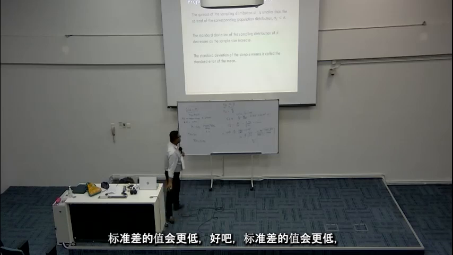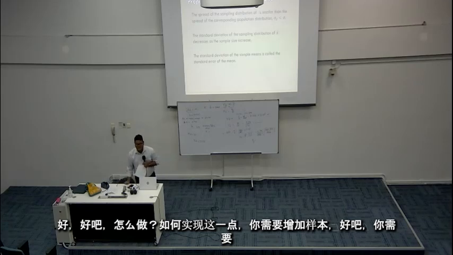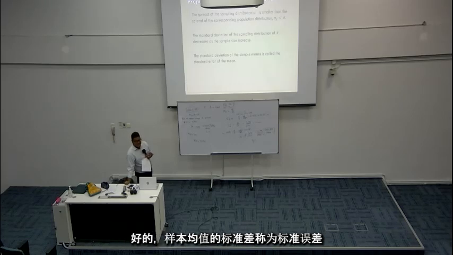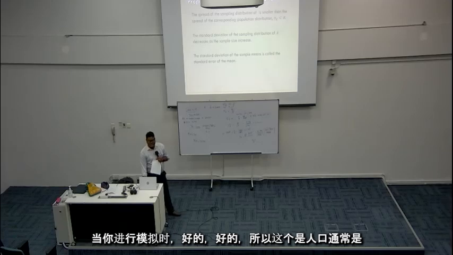How to achieve this is you need to increase the sample size, and the standard deviation will decrease. The standard deviation of the sample mean is called the standard error of the mean. So make sure that you increase the sample size, as it will decrease the standard deviation when you do the simulation.